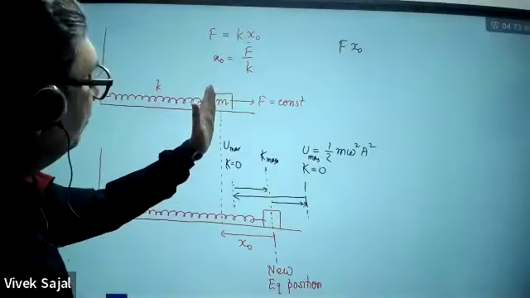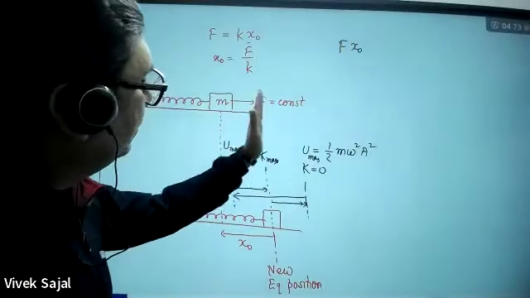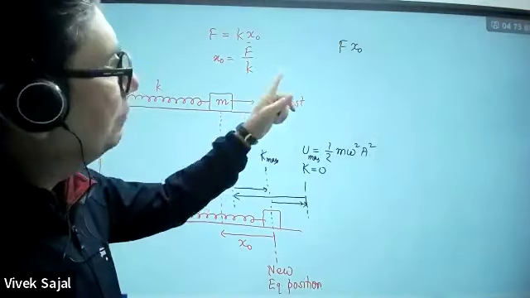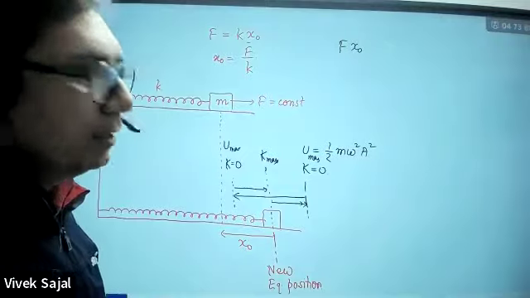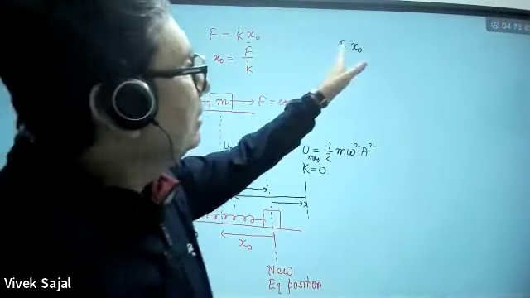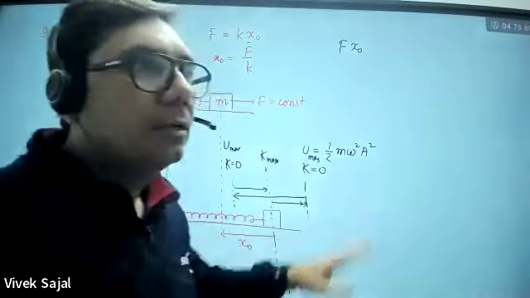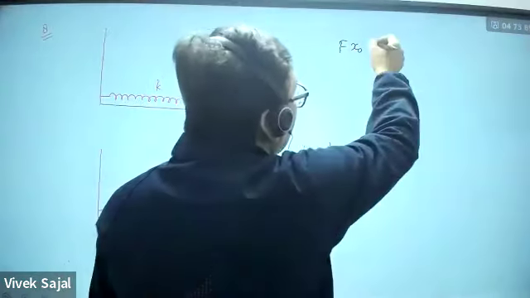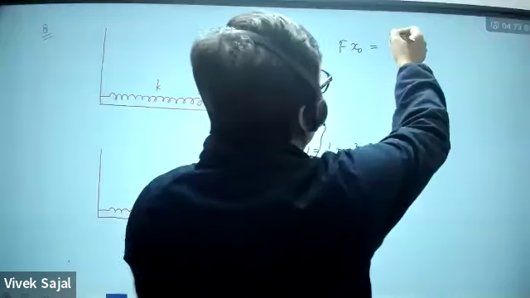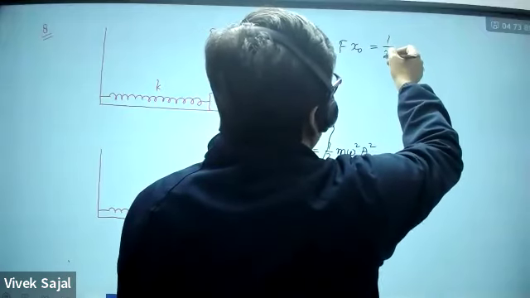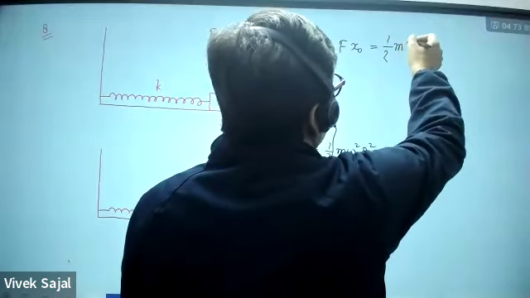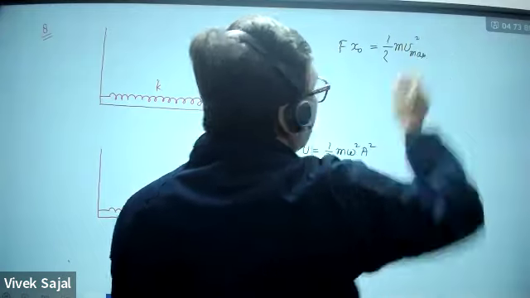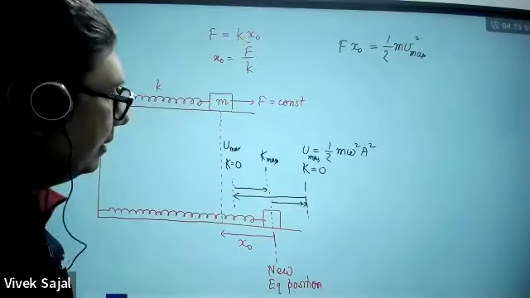When you are shifting this block from here to the new equilibrium position by applying a constant force, the work done will be this. That will provide the maximum kinetic energy here. So this will be equal to, due to this work done, this block is going to have maximum kinetic energy, 1 by 2 m V max square.